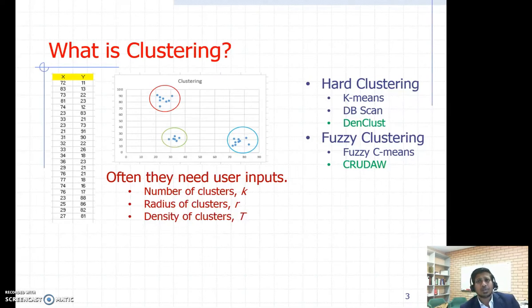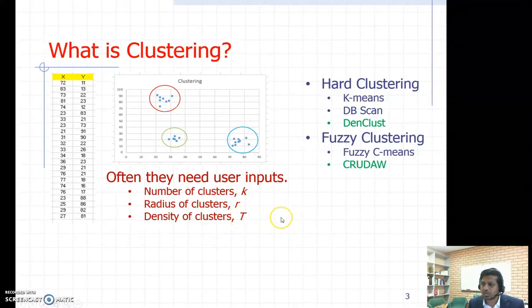That is often very problematic for a user. How do I know how many clusters there are in a data set in advance? Other clustering techniques require other parameters. For example, DENCLUST will possibly require the radius of the clusters, the density of the clusters, etc.